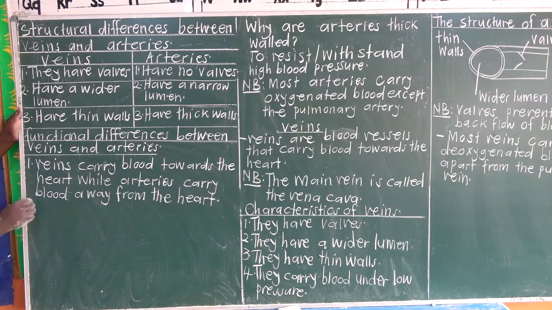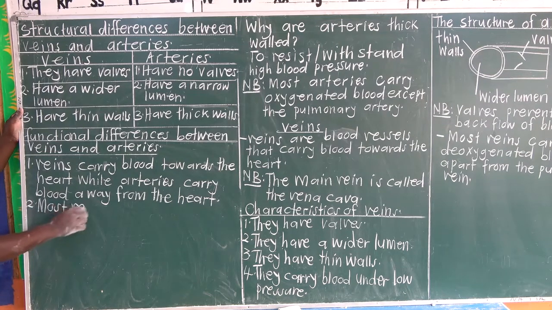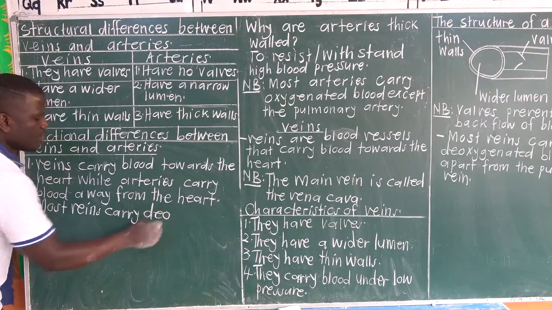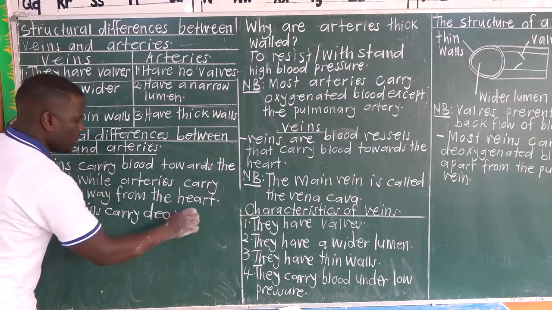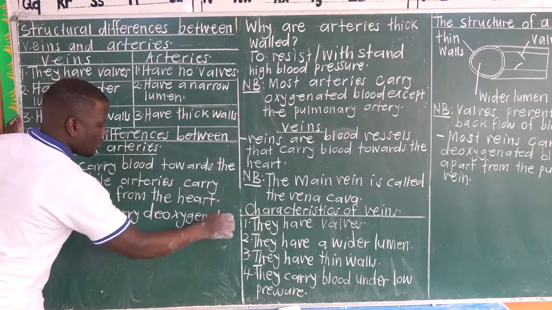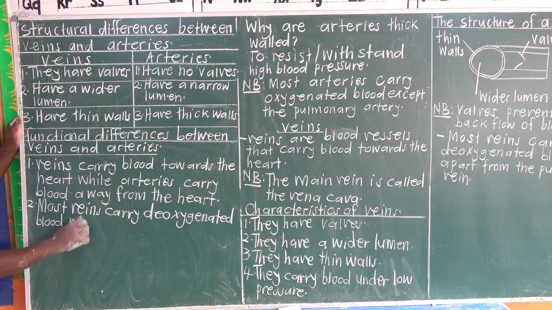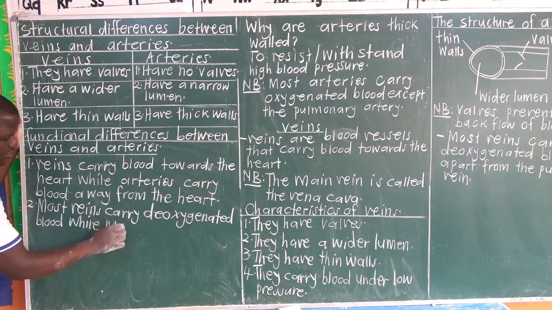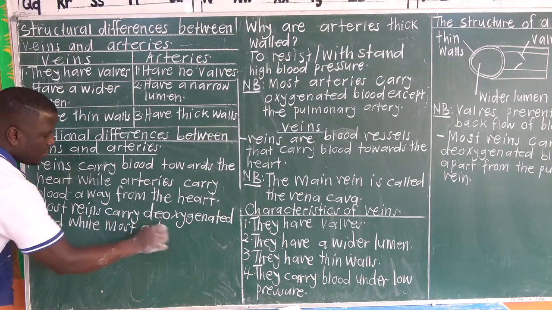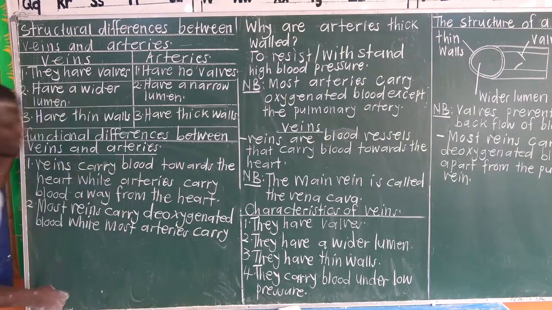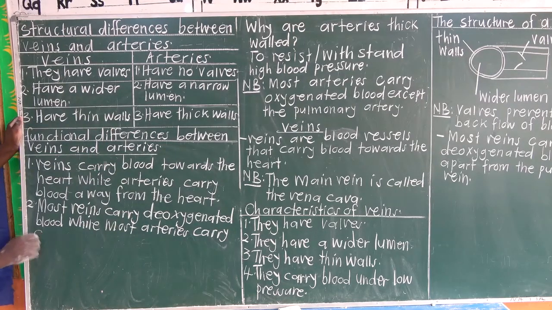Then number 2, you can say most veins carry deoxygenated blood, while most arteries carry oxygenated blood.